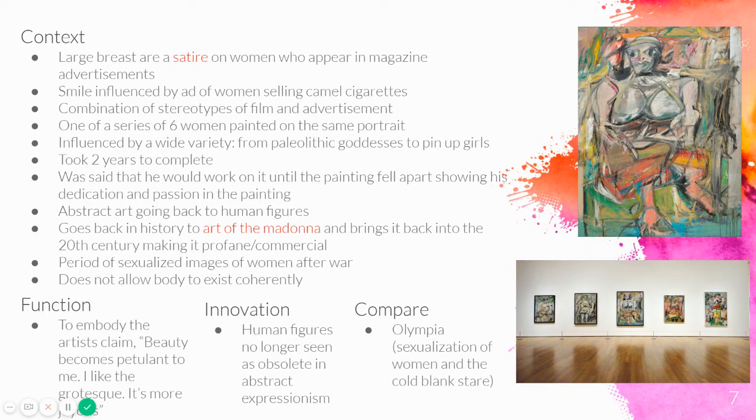Okay. She compared it to Olympia, which I thought was a really great comparison, because Olympia was also about the sexualization of women. But more so, what I really liked is she connected that cold blank stare, which I think is really great, that she was able to recognize that, even though we're talking 2 completely different styles.